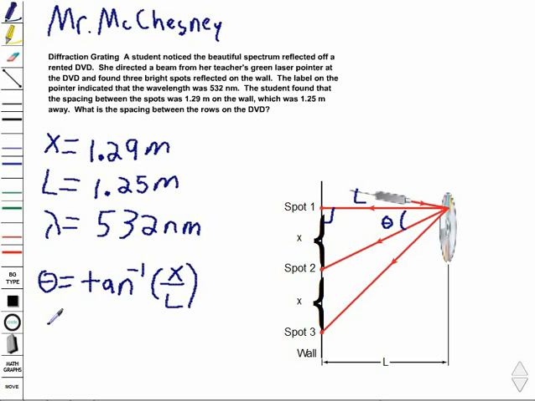So if we plug our numbers in there, theta is equal to the inverse tangent of our numbers. X was 1.29, and again, whenever doing problems with tangent, cosine, and things like that, check to make sure your calculator's in degrees, because your math teacher likes to put it into radians.